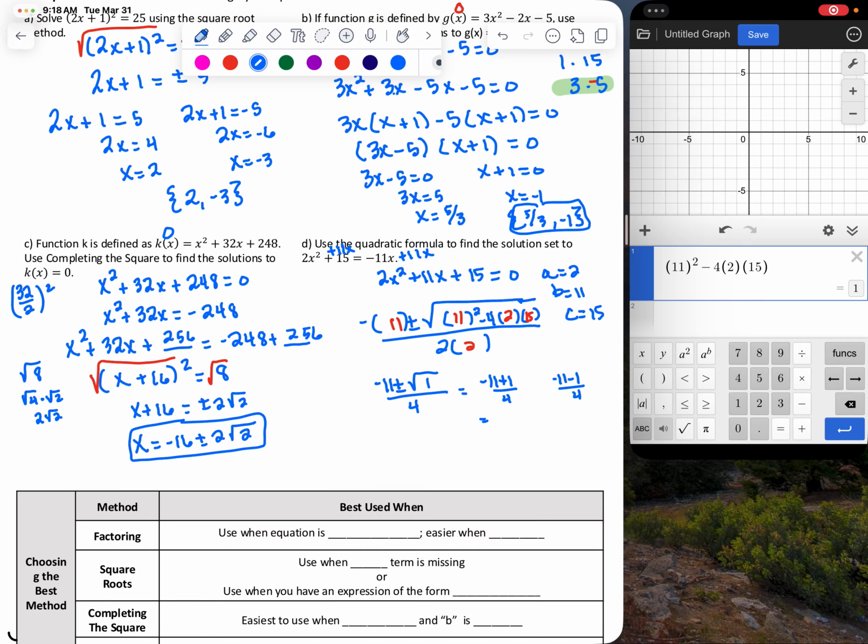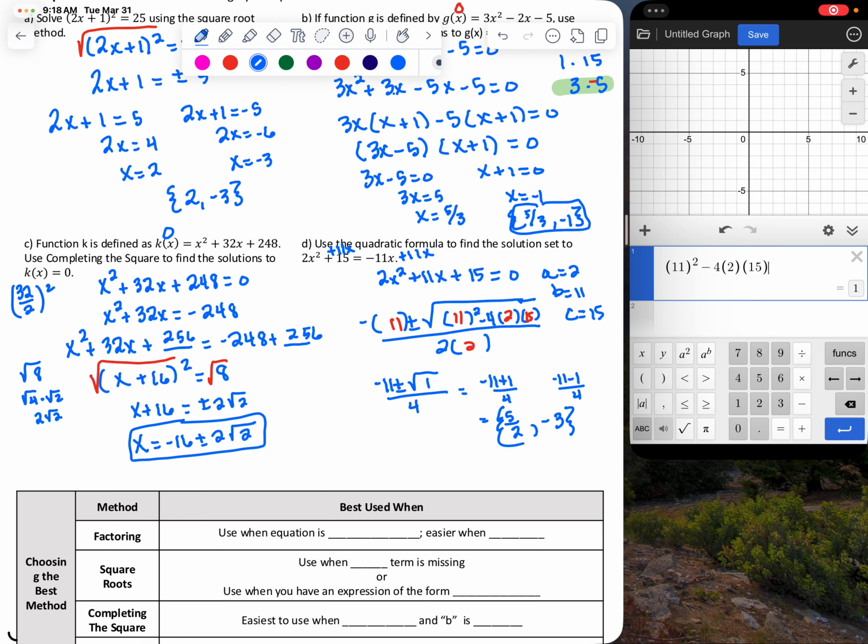So negative 11 plus 1 is negative 10 over 4, and negative 10 over 4 reduces to negative 5 over 2. Negative 11 minus 1 is negative 12. Negative 12 divided by 4 is negative 3. So there's your solution set.